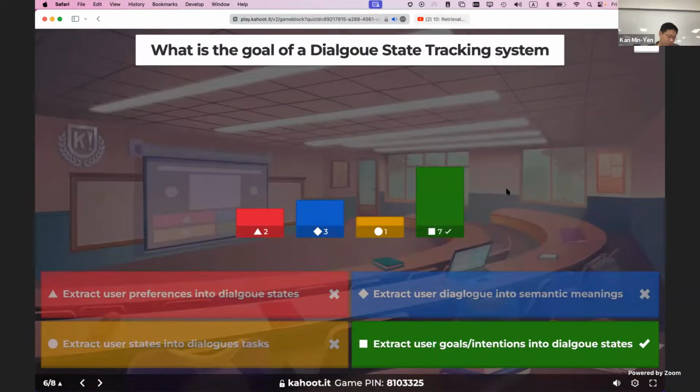So what the presenter said is the dialogue state tracking system is a core component in task-oriented dialogue systems, such as restaurant reservations or ticket booking. The goal of a DST is to extract user goals and intentions expressed during the conversations and to encode them as a compact set of dialogue states. Example, a set of slots and their corresponding values.